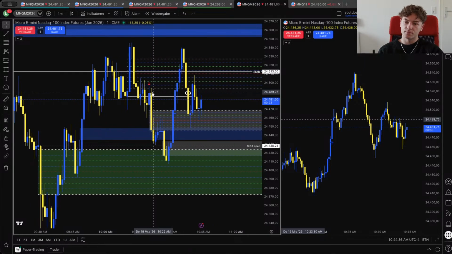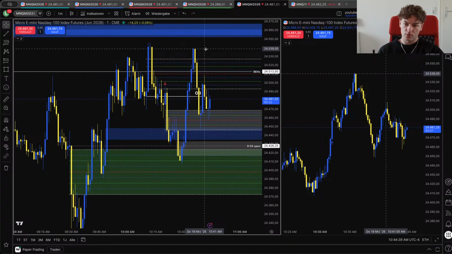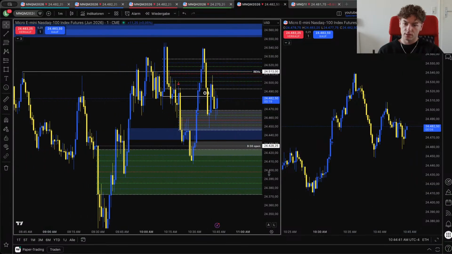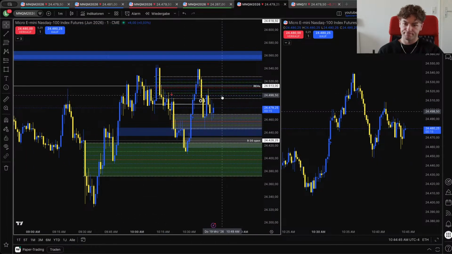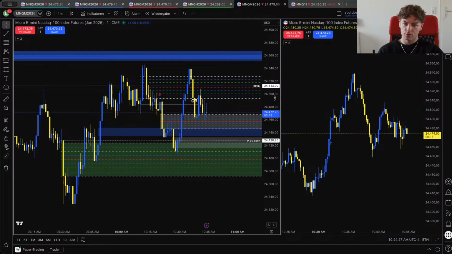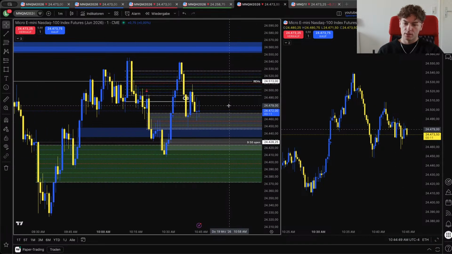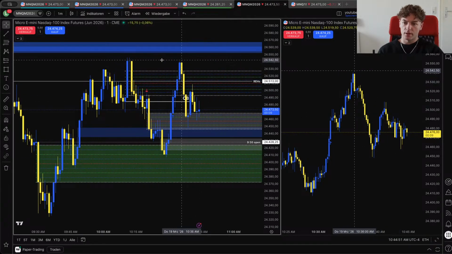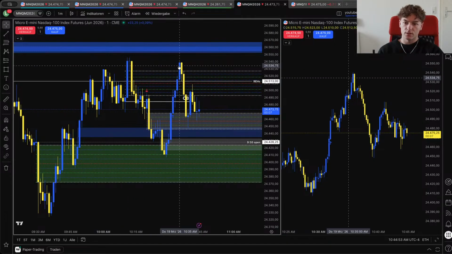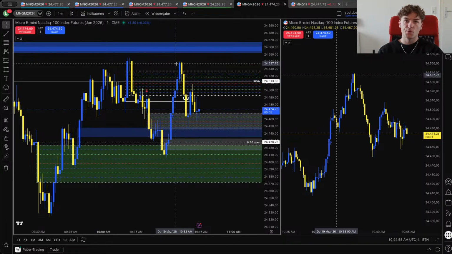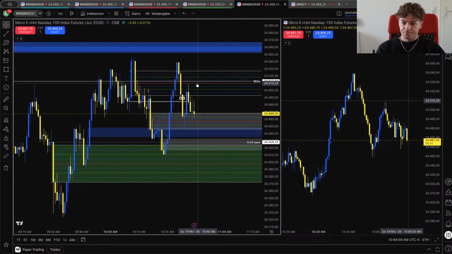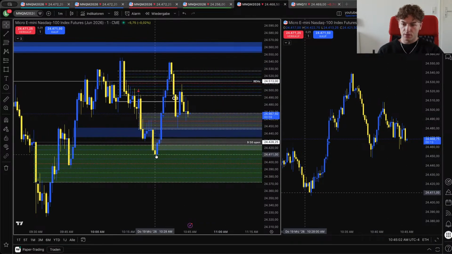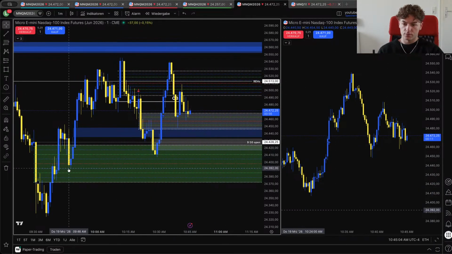We'll see. So, beautiful relatively equal highs. 10:45. I could imagine another run up higher into these highs, and then take out these relatively equal lows.